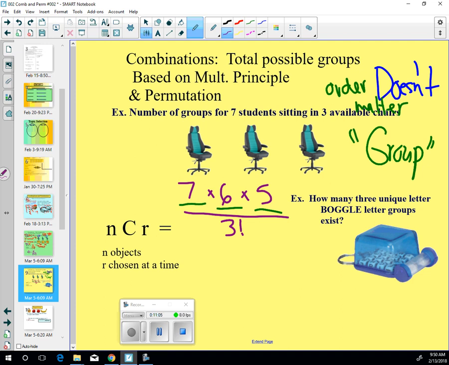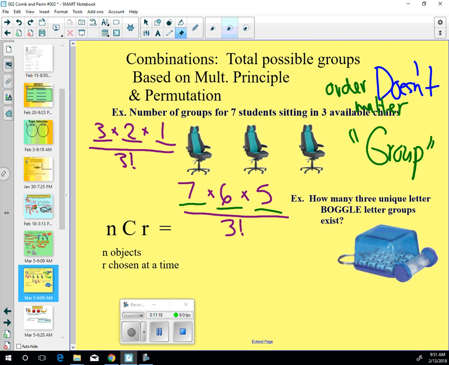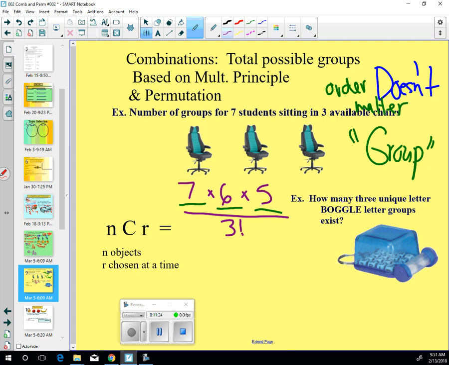So that makes sense, because if you had 3 people and 3 chairs, 3 could sit here, 2 could sit here, 1 could sit there, and then we're going to divide by 3 factorial. That'll give me 1. But this one won't be 1. It'll be a little bit different. So now when we look at combinations, notice the same thing we had before.